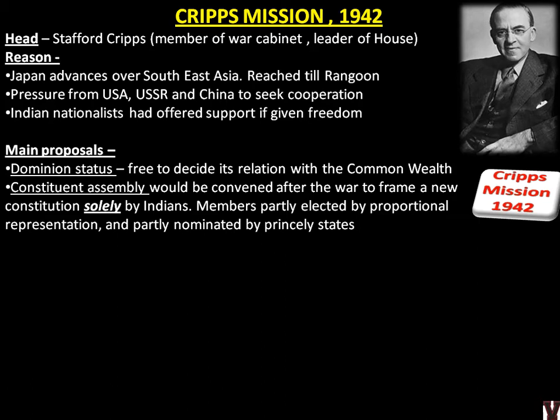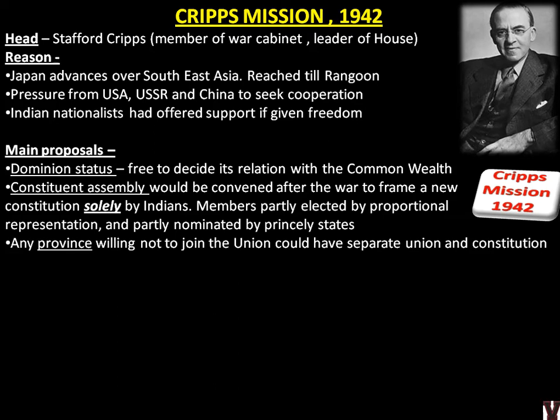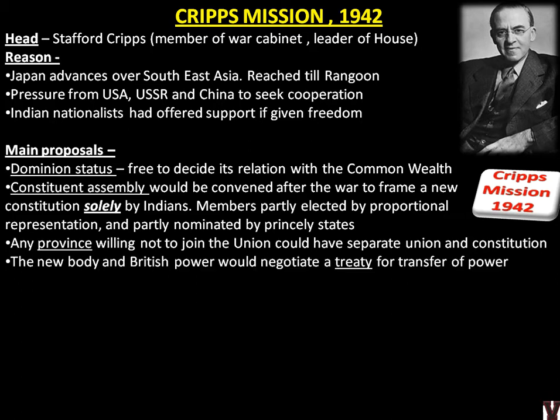Members would be partly elected by proportional representation and partly nominated by princely states. So it's a mixed kind of membership and it will be fully Indian. This is the improvement they made from the August Offer. Any province unwilling to join the union could have a separate union and constitution. This is something which obviously the INC won't agree to. The new body and British power would negotiate a treaty for the transfer of power.